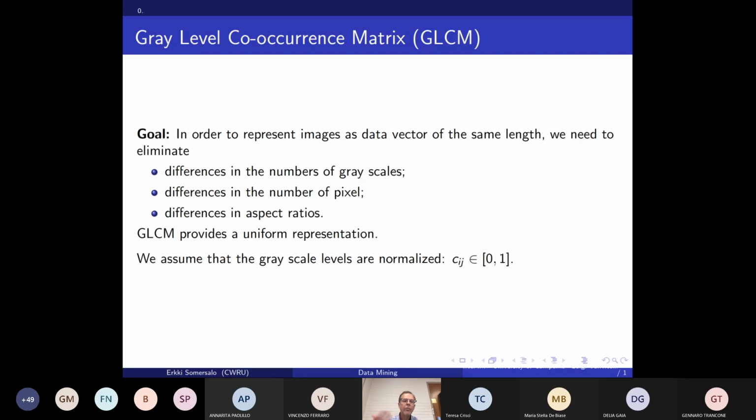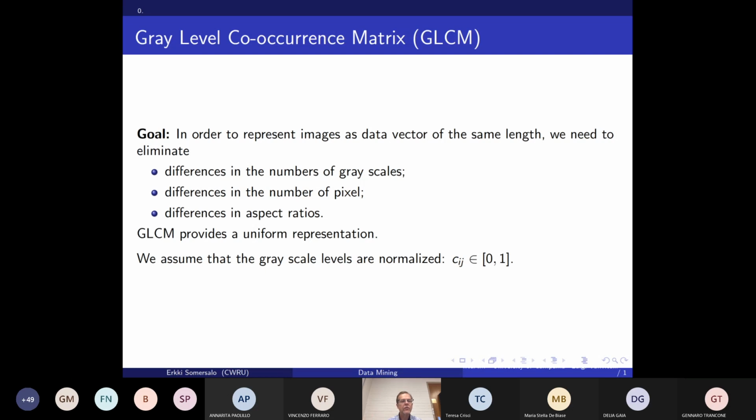You would like to compare those images, so you would like to standardize them somehow, making them representative of a data vector of the same size. This gray level co-occurrence matrix is doing that. It is standardizing the images so that you have comparable data vectors of the same length without eliminating data.